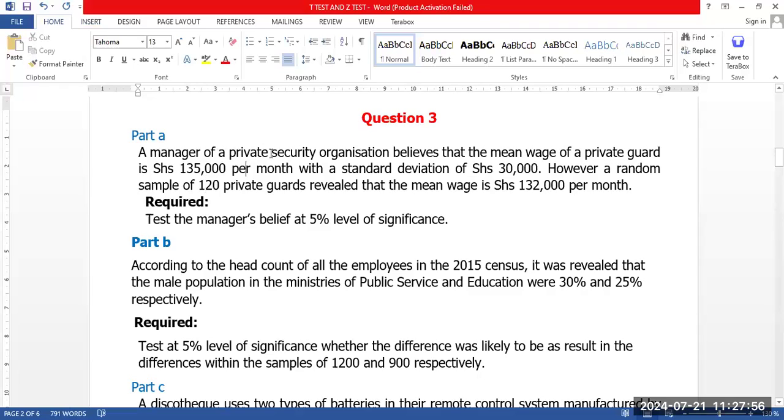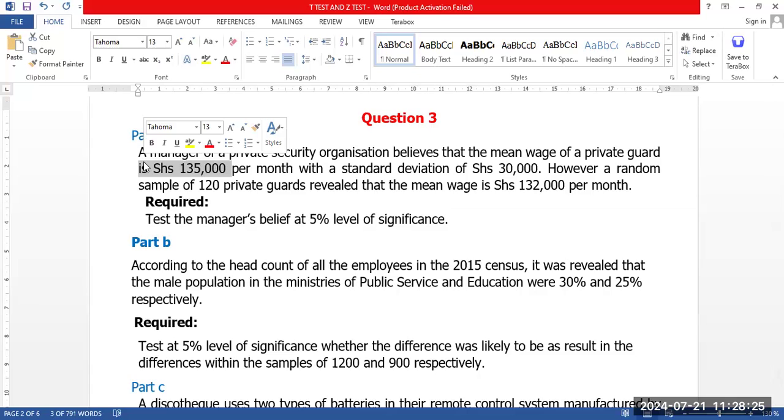A manager of a private security organization believes that this is his opinion, believes that the mean wage, he or she has not said the sample mean, he has said the mean wage of a private security guard is this one. So don't mix.